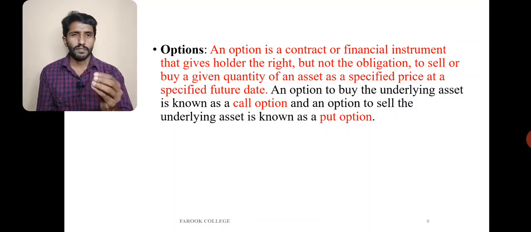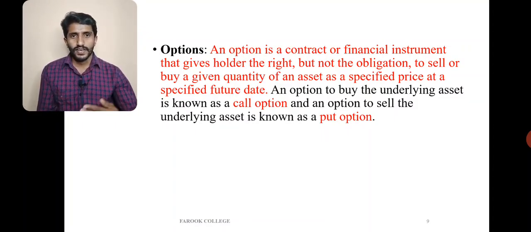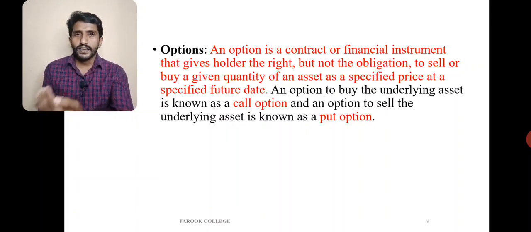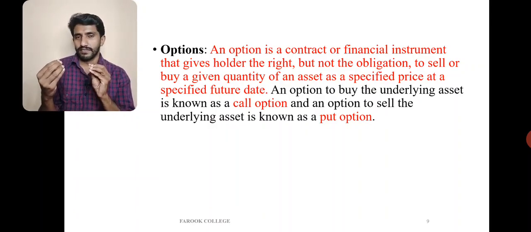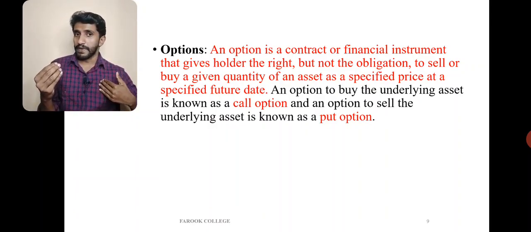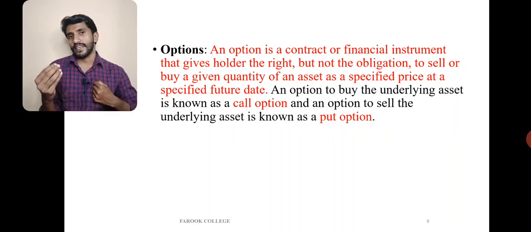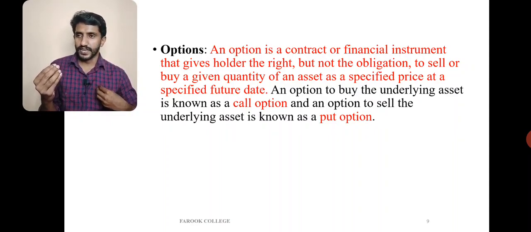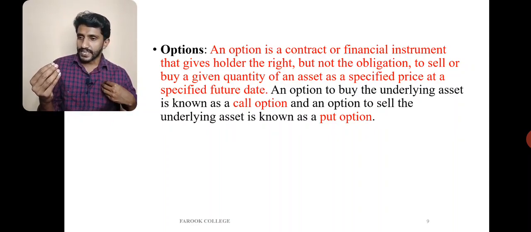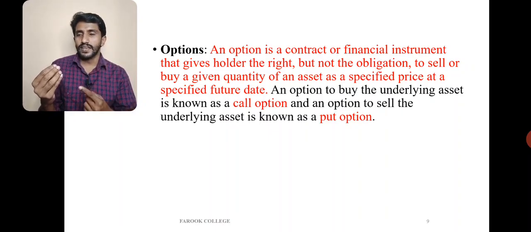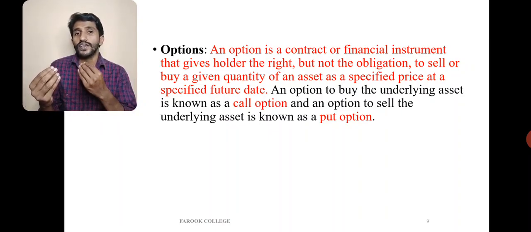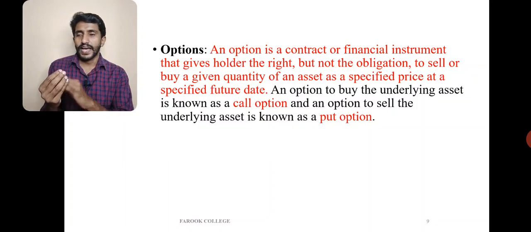I'll tell you one example, then it will be very clear. Me and another person are making an agreement. I am starting this agreement, so I am the holder of this agreement. I am saying that after 90 days I'll be selling $100 to you at this price.